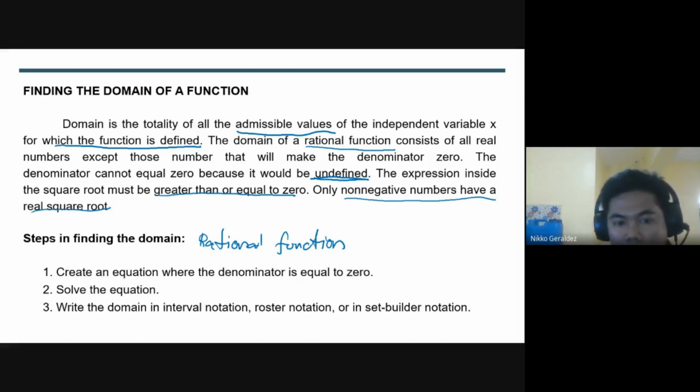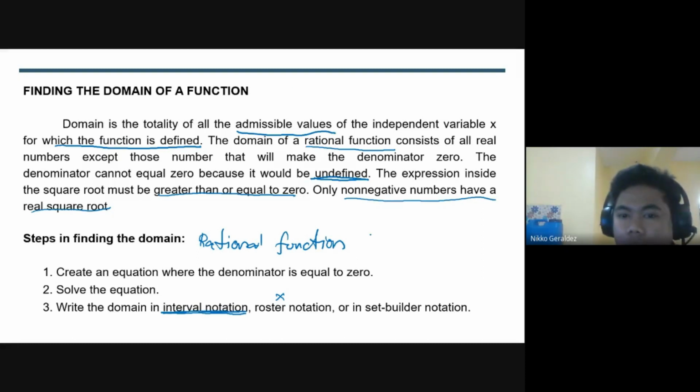Then 3, write the domain in interval notation, roster notation, or in set builder notation. So gamitin natin si interval notation sa pagsulat ng domain. So wag natin gamitin si roster. Masyadong matrabaho. Pag sinabing roster kasi, kailangan mo isulat lahat ng elements ng set.